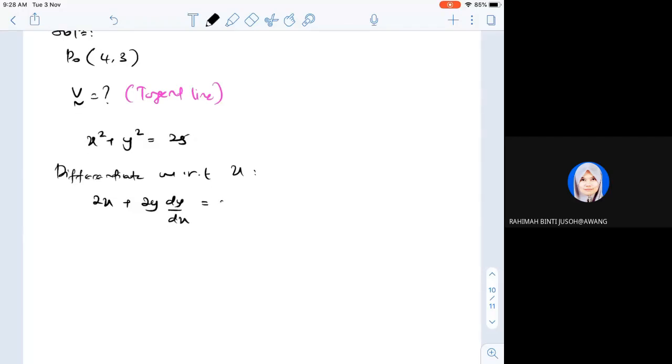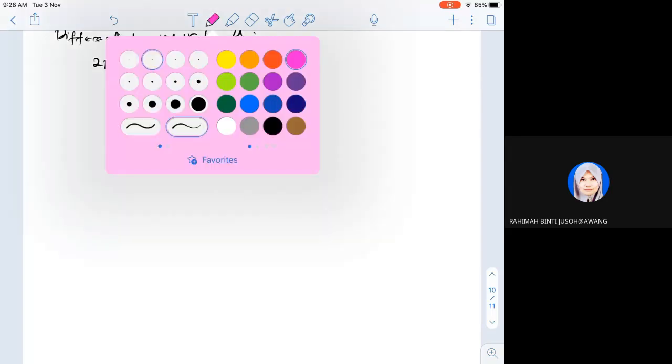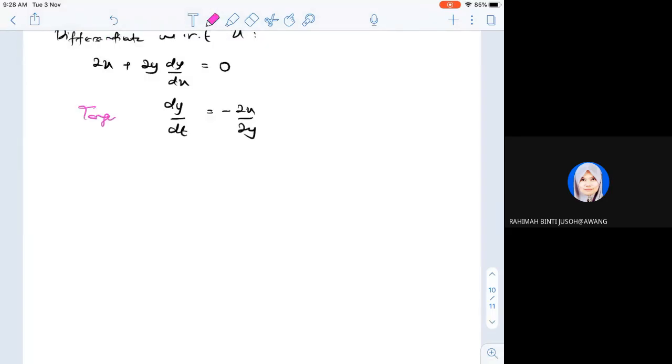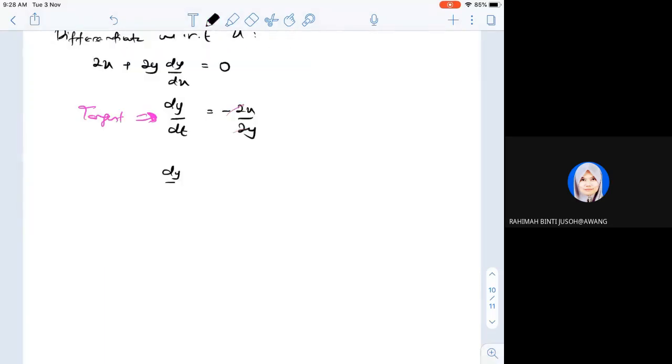So dy dx equals to negative 2x over 2y. So this is the formula of tangent. Now we can cancel this 2, 2. So we will have dy dx equals to negative x over y.